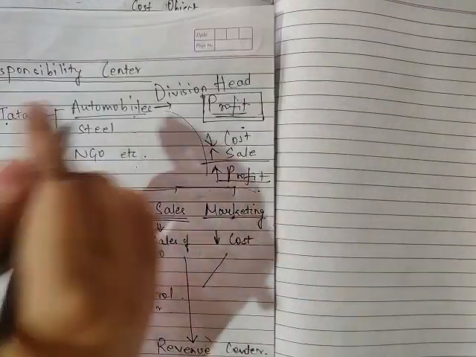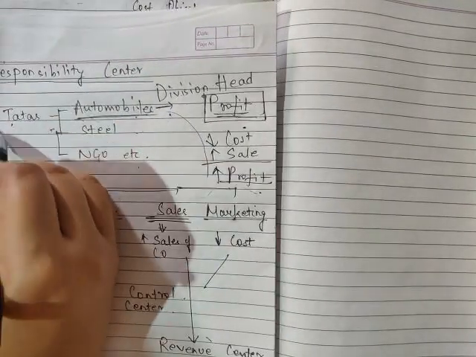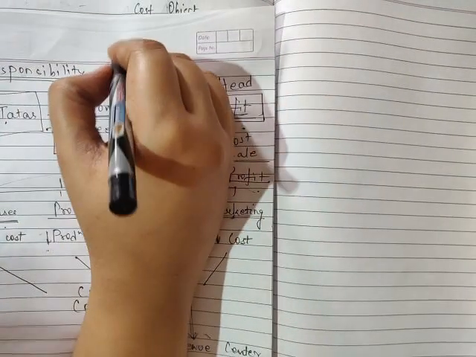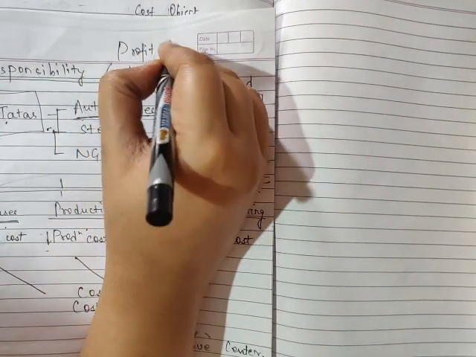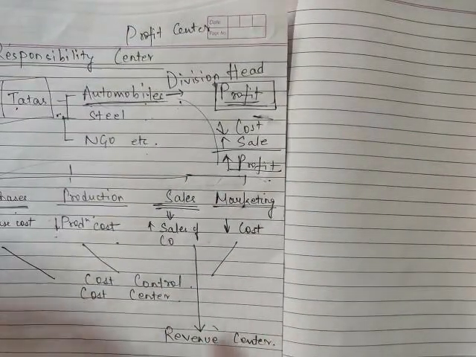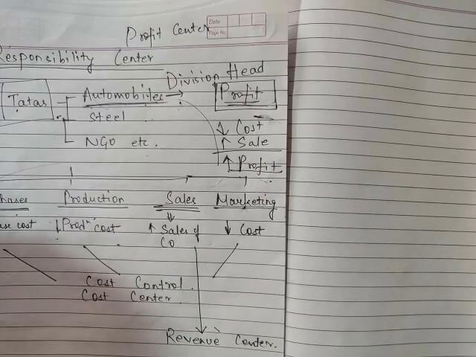So, this decentralized division or branch of this organization is a profit center. That is, it is responsible to increase the profits of the division.